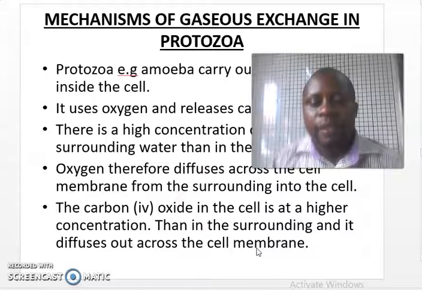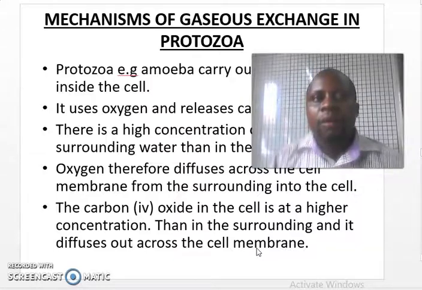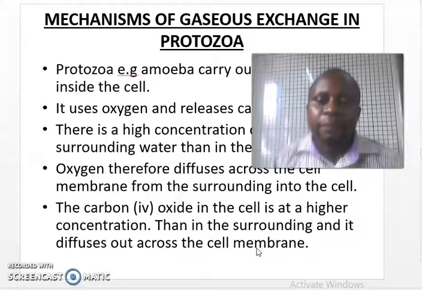You have also learned that oxygen is needed for respiration, and carbon dioxide is produced as a byproduct of respiration.